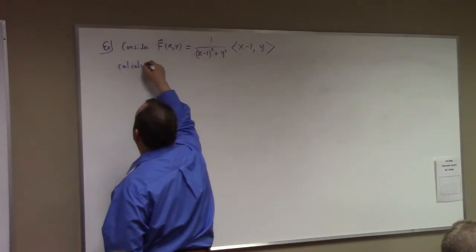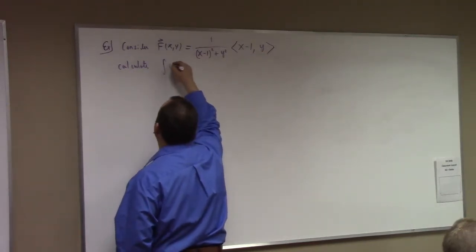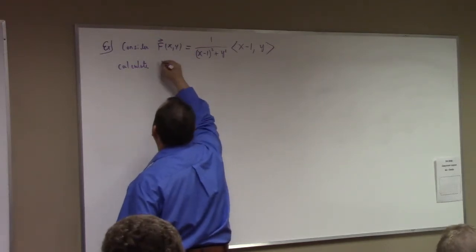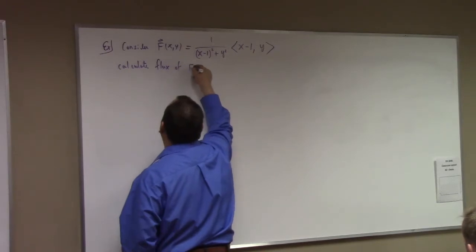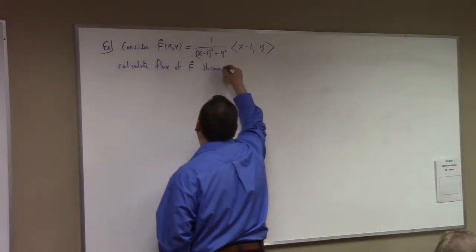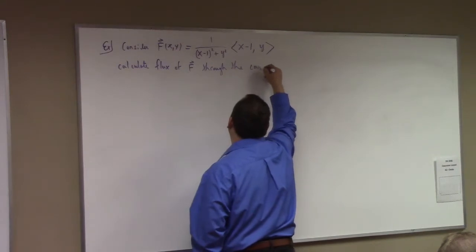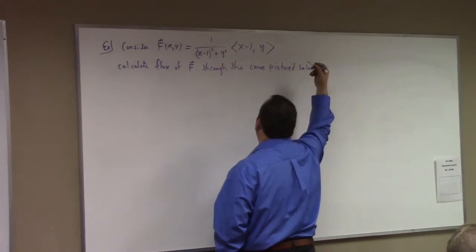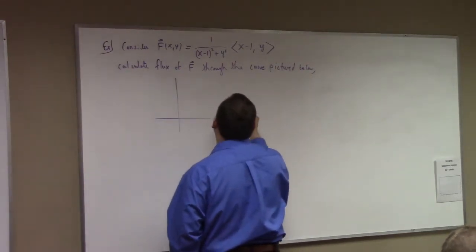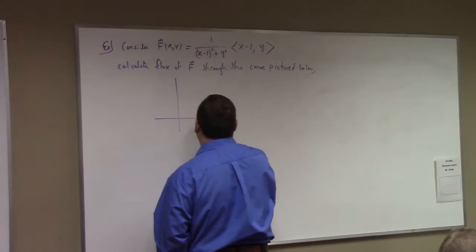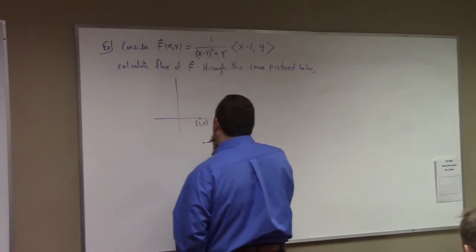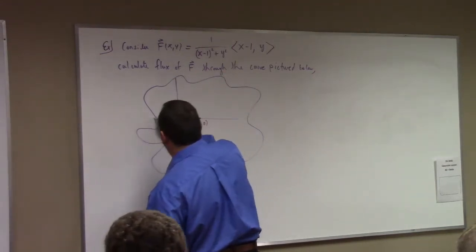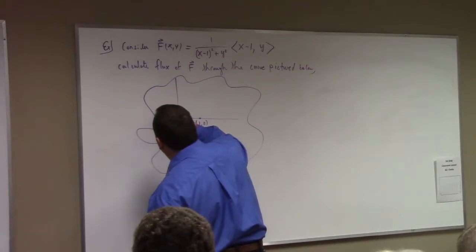Let's calculate the flux of f through the curve pictured. So here's 1 comma 0, and the curve I have in mind is this. There you go. Calculate the flux through that curve.